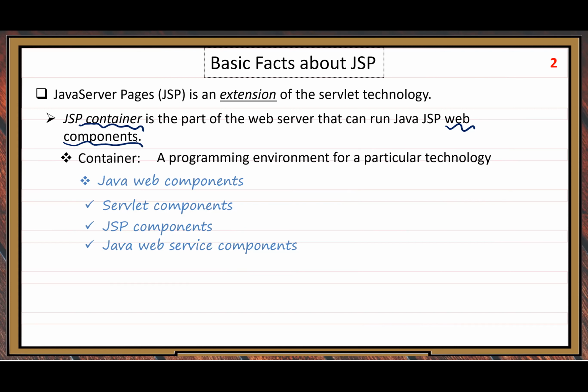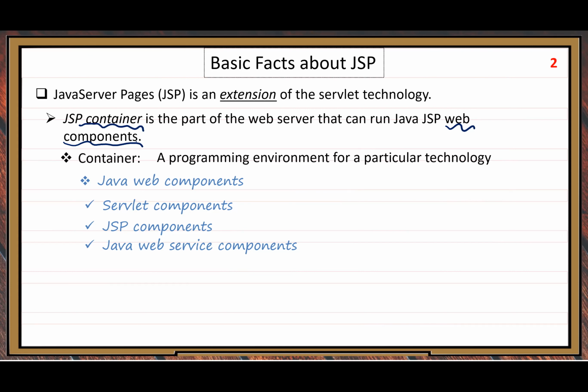So servlet technology is really the foundation of all other Java web technologies. At a certain point, in our second half, after our midterm, I will give you some introduction about Java web services.